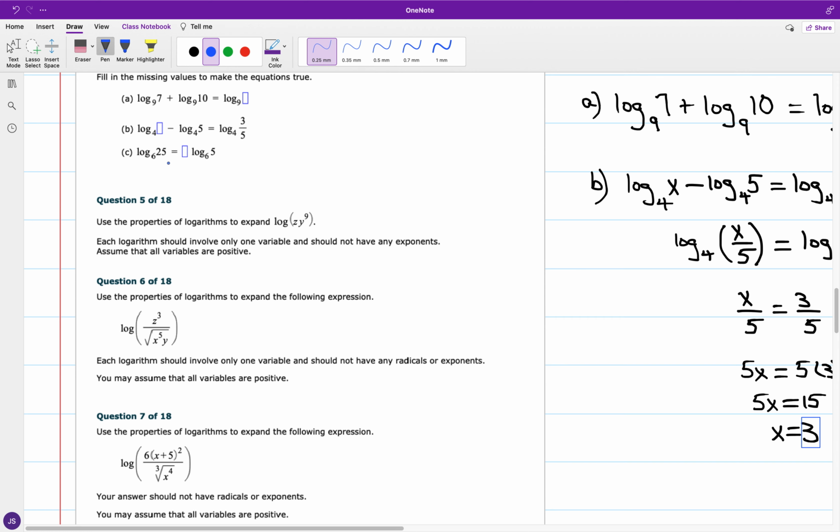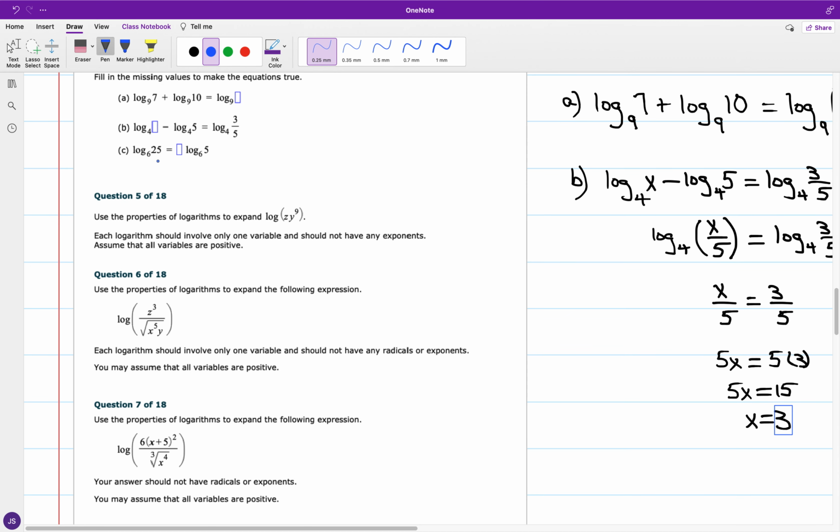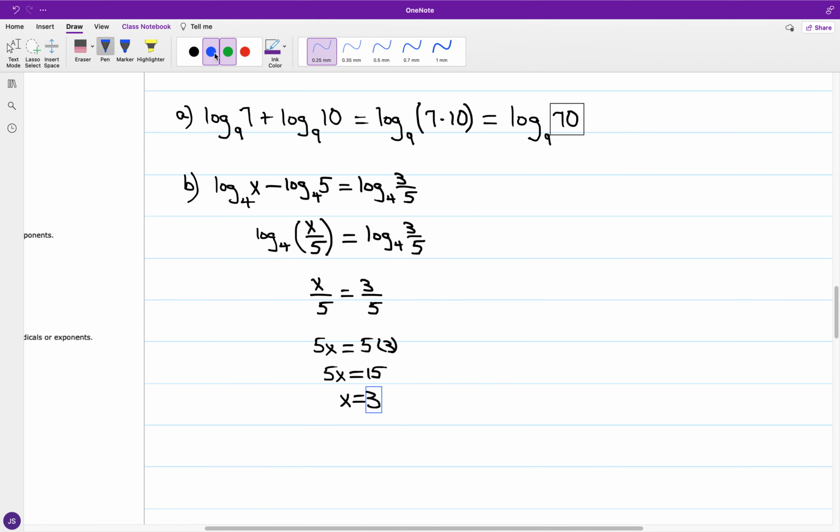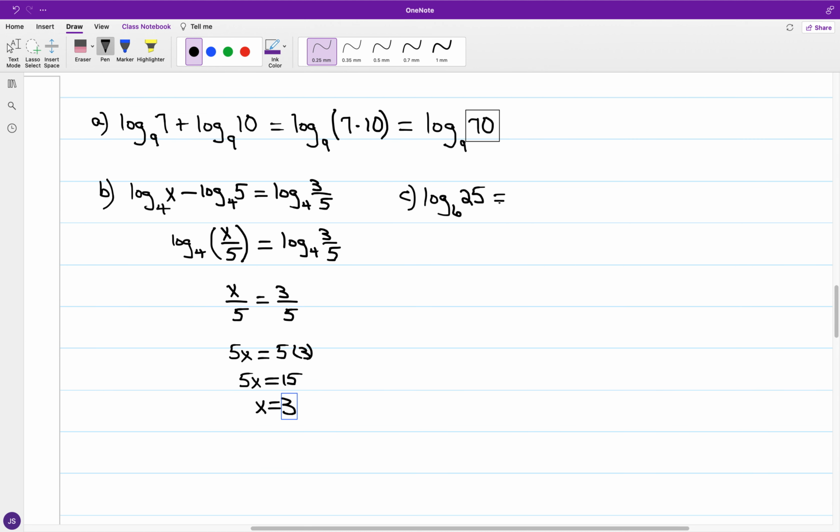If you notice, 25 is not a multiple or an integer power of 6, but I'm looking at writing the base 6 logarithm of 25 in terms of the logarithm of 5.